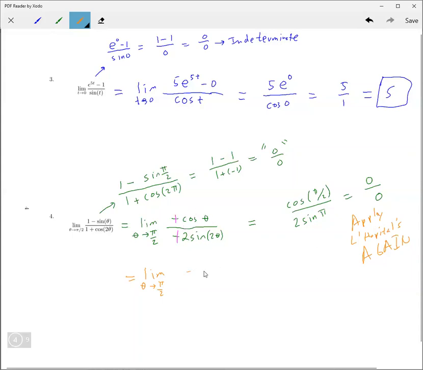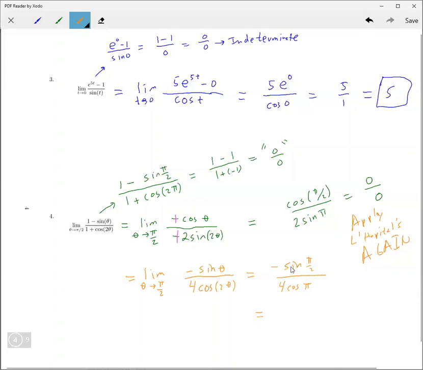Derivative of the cosine is negative sine, and the derivative of sine is cosine. But you have another 2 coming out, so that's going to be 4 cosine of 2 theta. When you plug in pi over 2, you're going to get negative sine of pi over 2 over 4 cosine of pi.